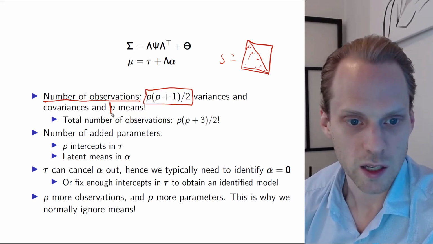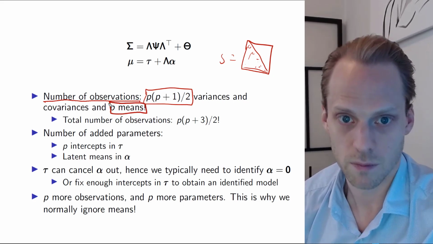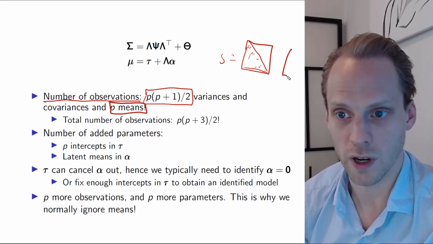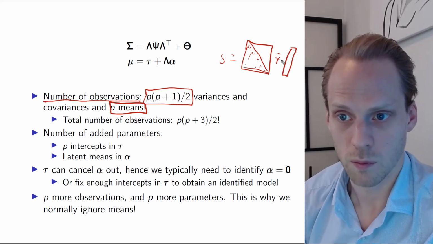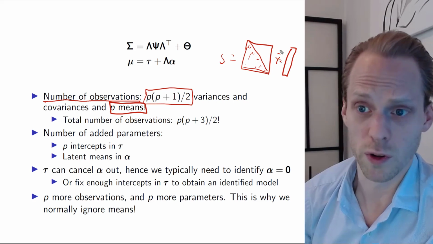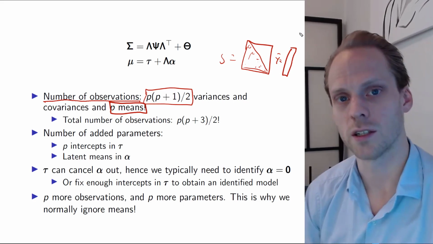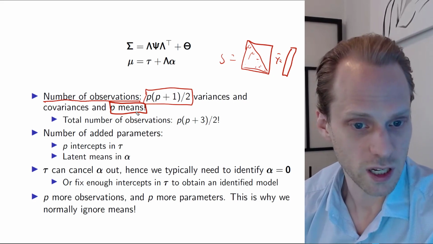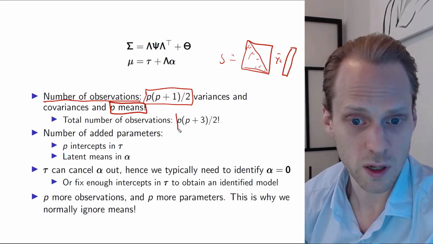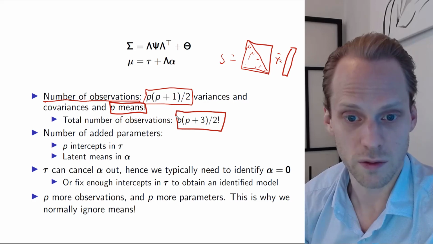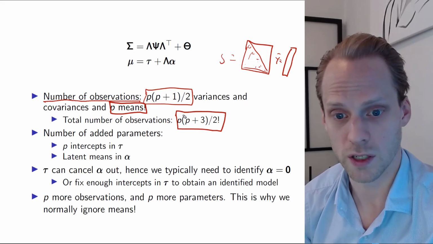But now we're adding p means, because we're also modeling the mean vector y bar, which is also put in our model, and these are also things we put in the optimizer, so we actually have more information. So instead we now have p times p plus 3 divided by 2 observations, right?